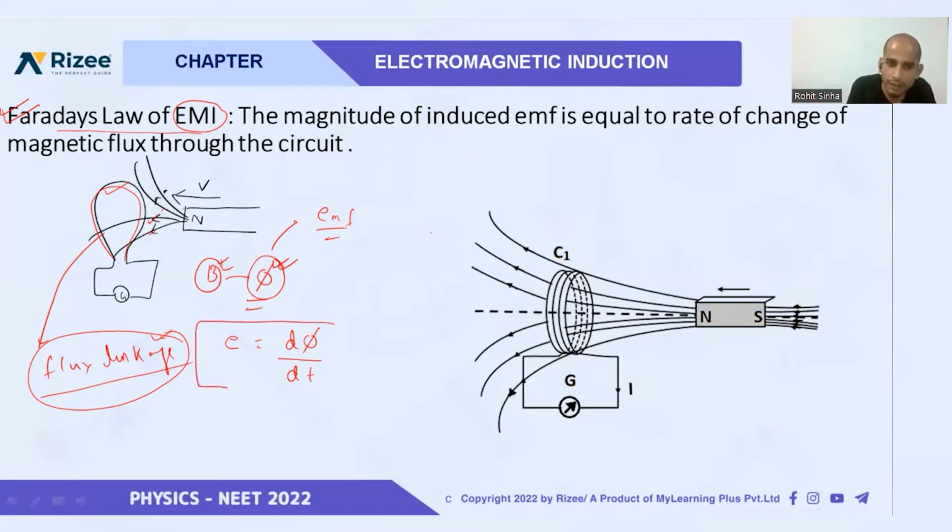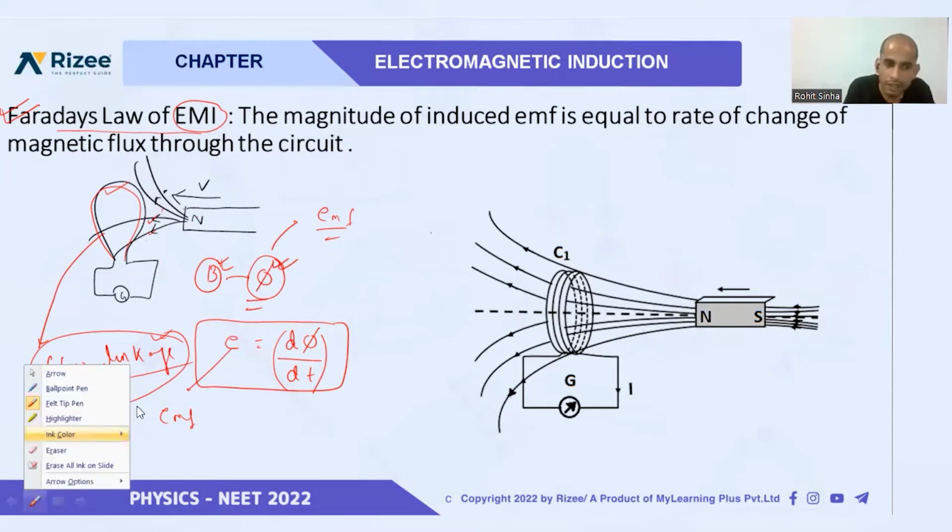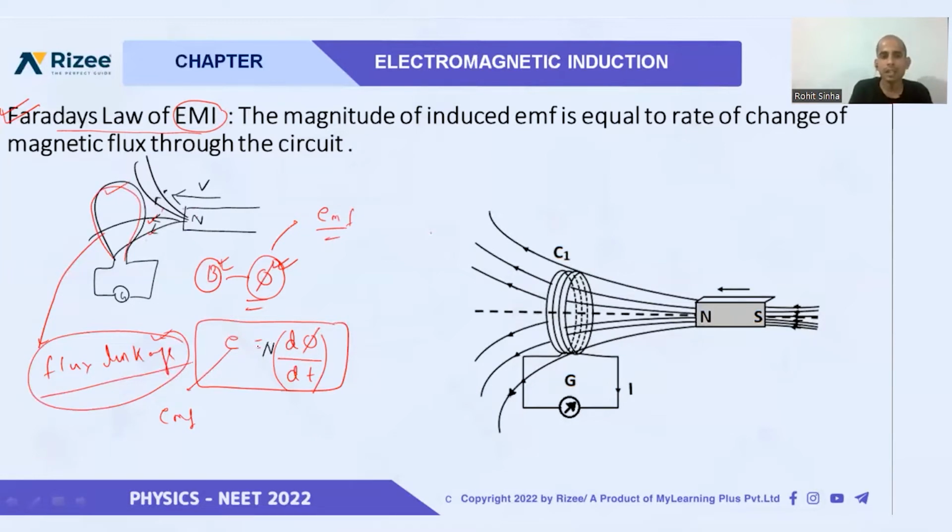Faraday's law tells that the EMF induced in a coil is directly proportional to the rate of change of magnetic flux. That is for one coil. If we have n coils, we multiply by a factor of n. This is called Faraday's law.